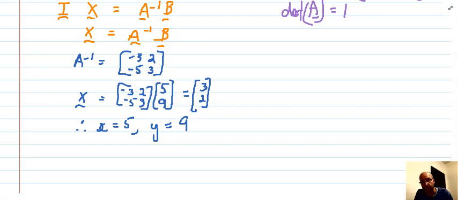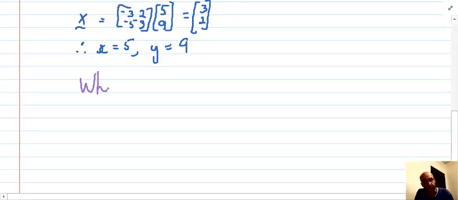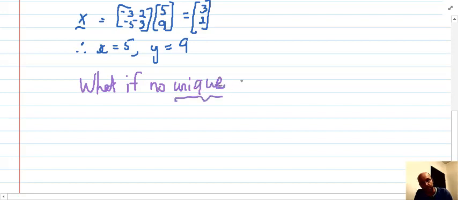So we've solved it. The only issue is, what if we have something without a unique solution? You have a system of equations with no unique solution. That could mean a couple of things. It could mean the two lines are parallel.